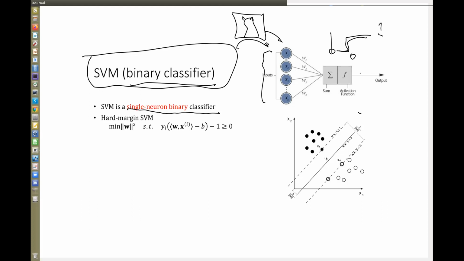Now if you think about that, it's really just a linear classifier. For example, this represents a 2D space. I have data points here, this is one class and I have another class here. Of course, I can separate these two classes with any arbitrary linear boundary.